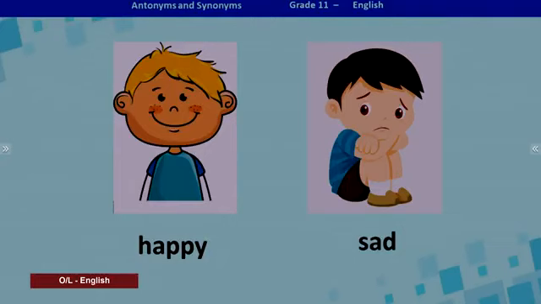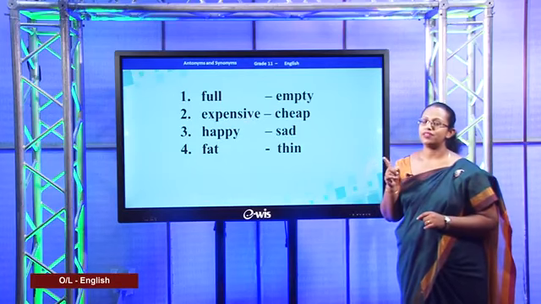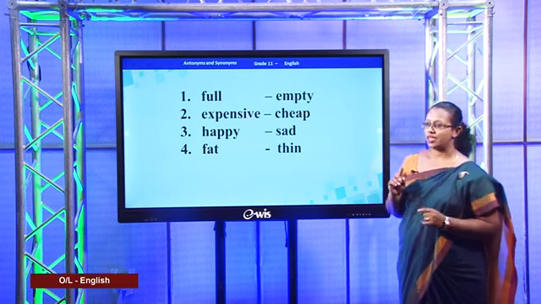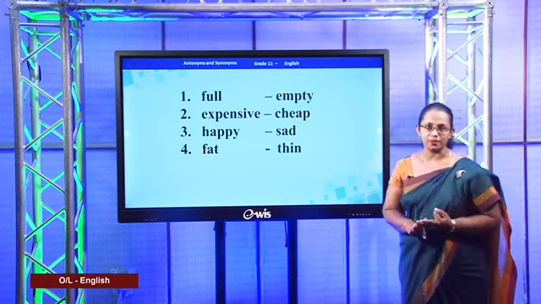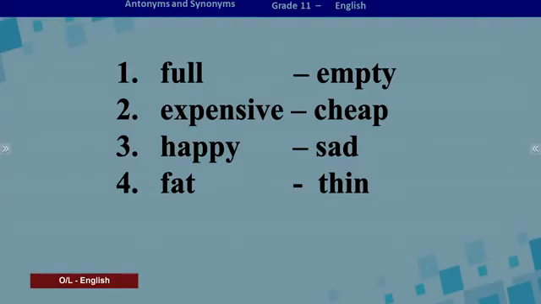Did you get it? Now I am going to check your memory, whether you can remember the words we learnt. We came across 4 examples, and now just tell me full. What is the opposite of full? It is empty. Can you remember those two buckets?